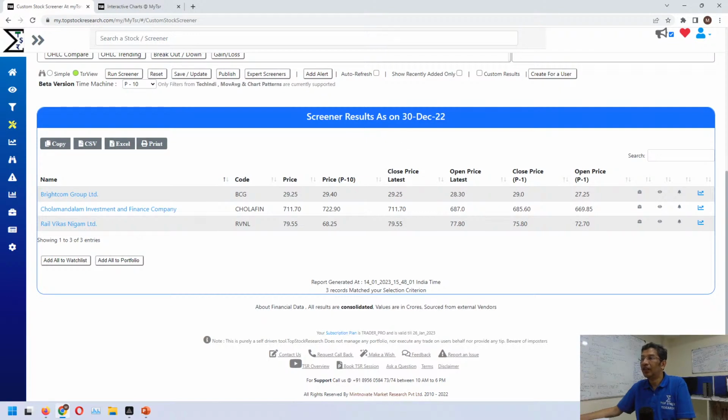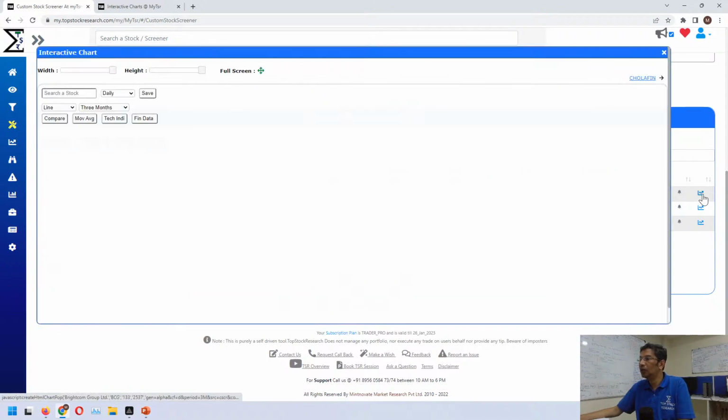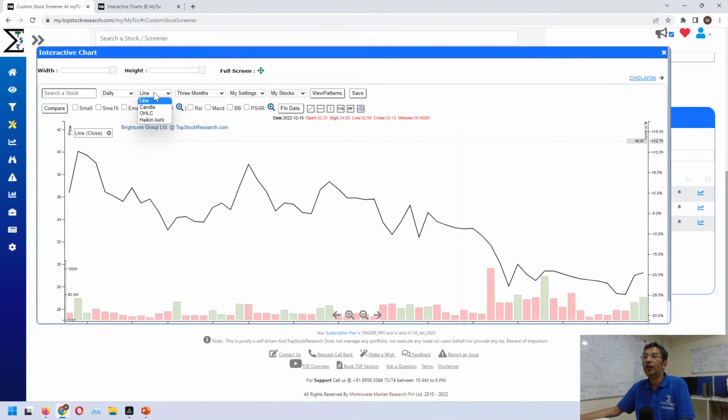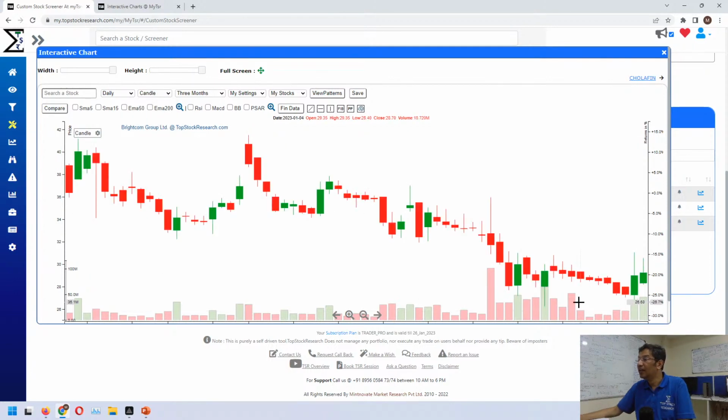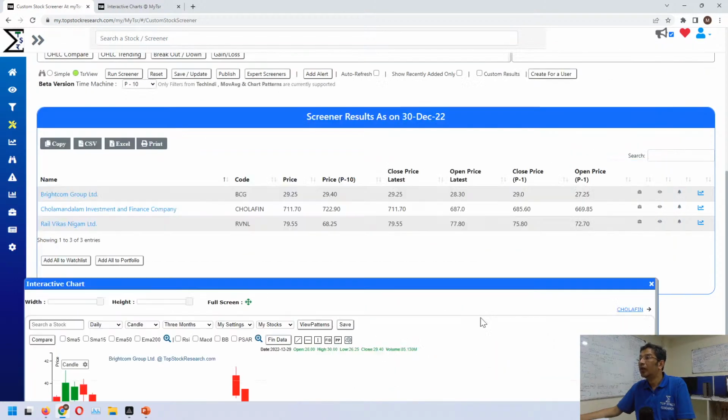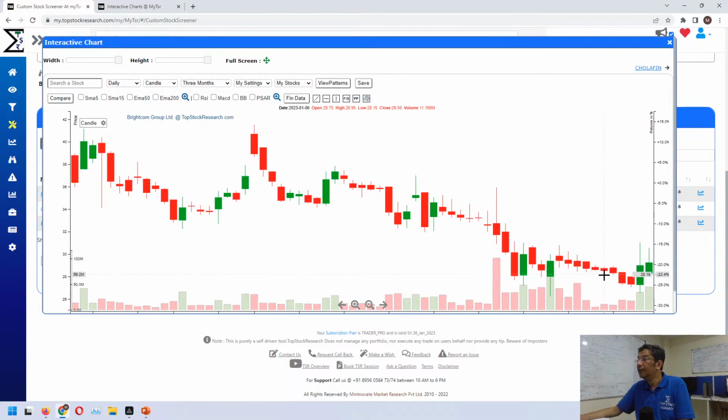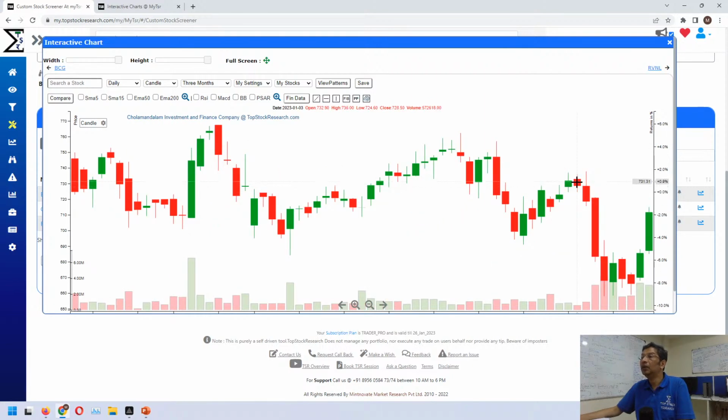So as of 30th of December, you find two candles which met this criteria. When you look at this, 29 and 30, two candles where this condition was met.